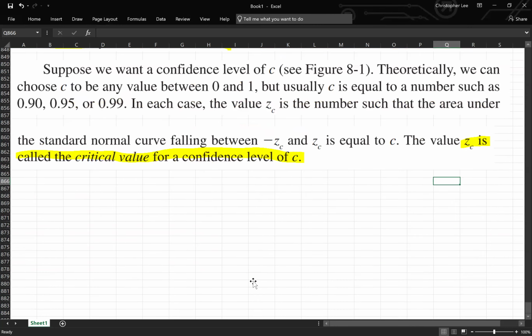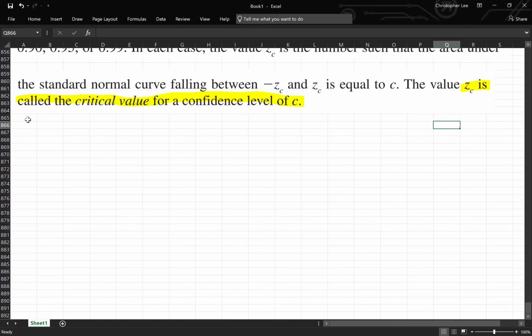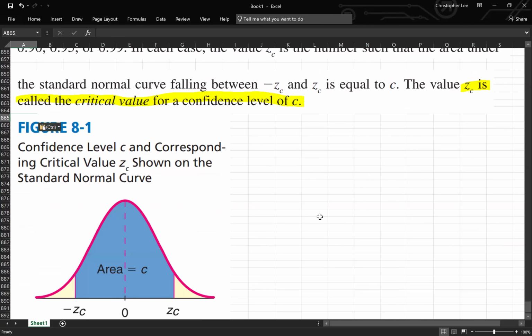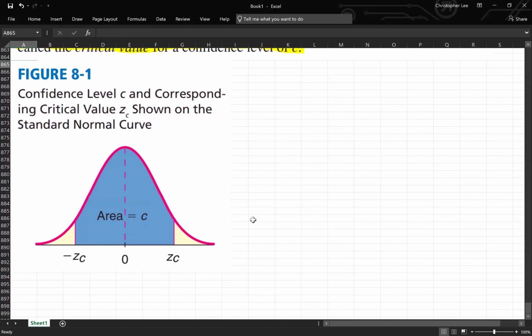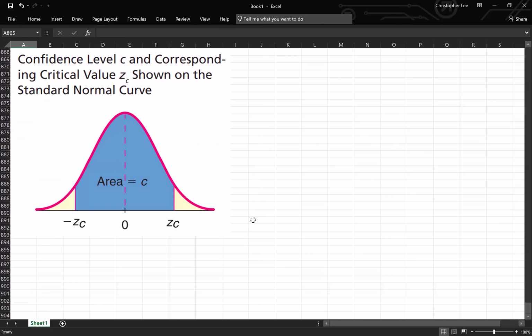I just want to graphically show you what this means real quick. Let's say I have a confidence level C, some random confidence level. This is the normal distribution right here, and I'm interested to know what that Z critical value is. So I'm doing a little bit of a reverse.